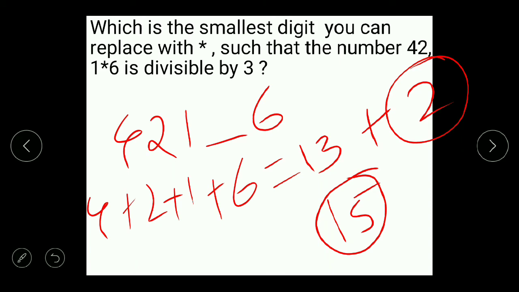So if we insert 2 here, it is the smallest digit we can insert such that this number becomes divisible by 3. The answer is 2, because the sum of the digits 4 plus 2 plus 1 plus 6 is 13, and 13 plus 2 becomes 15. 15 is divisible by 3. Therefore this number becomes divisible by 3.